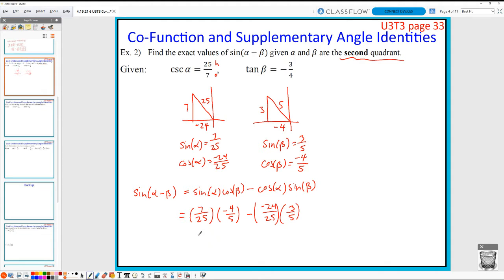So I'm going to start simplifying. This is negative 28 over 125 minus this is negative 72 over 125, minus a negative.